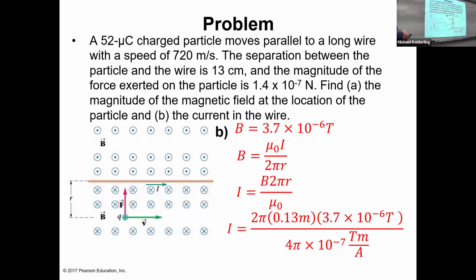So that's 2 pi times 1.3 meters, because it's 13 centimeters away from the wire, times 3.7 times 10 to the minus 6 Tesla, that's our magnetic field, divided by mu naught, which is 4 pi times 10 to the minus 7 Tesla meters per amp. Pi will cancel, and we get 2.4 amps. Any questions?